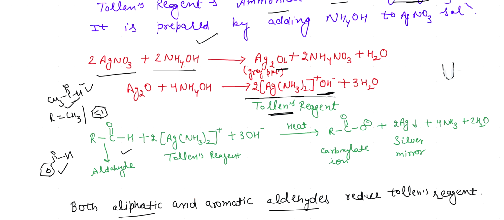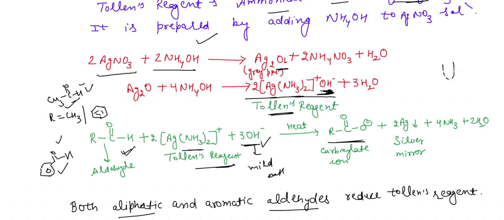When it reacts with Tollens reagent in the presence of a mild base, and Tollens reagent is mildly basic in nature as it has a hydroxide group, and it is heated, it leads to formation of carboxylate ions with the formation of silver precipitate.